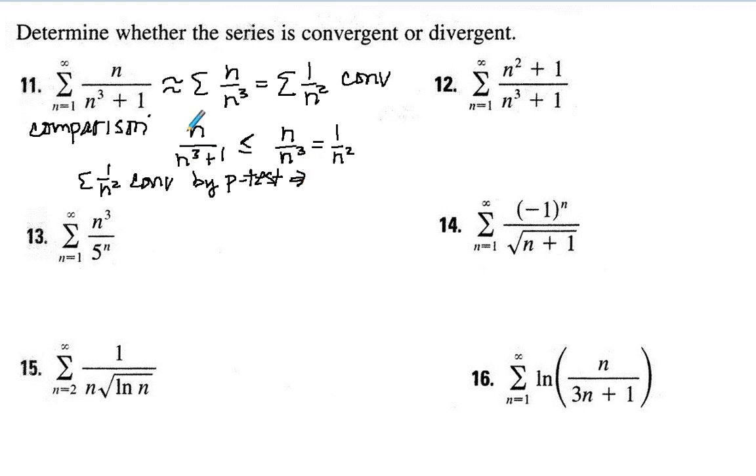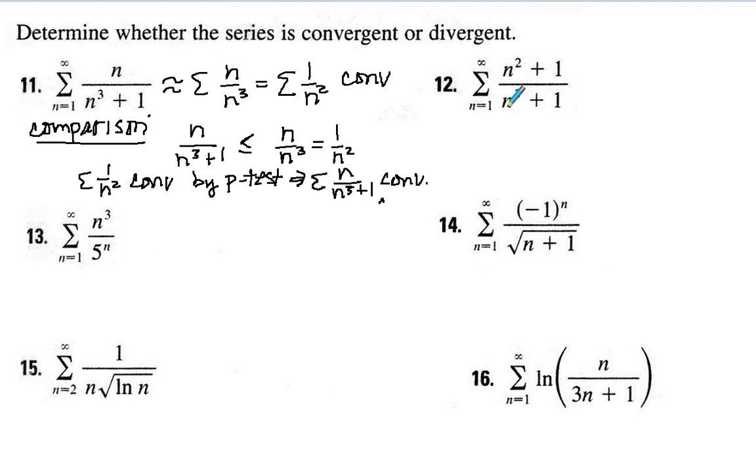So that means that the smaller series converges by comparison. So sum n over n cubed plus 1 converges, and that's by comparison. Well, we already stated our test here. Okay, so that's 11. Let's take a look at 12.